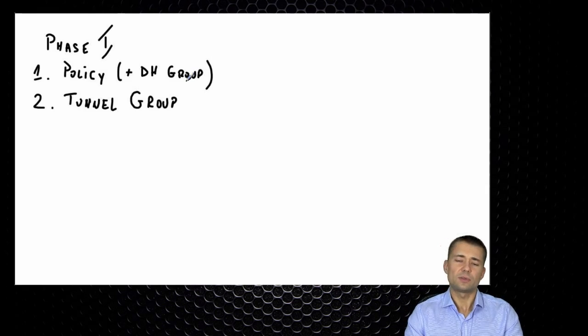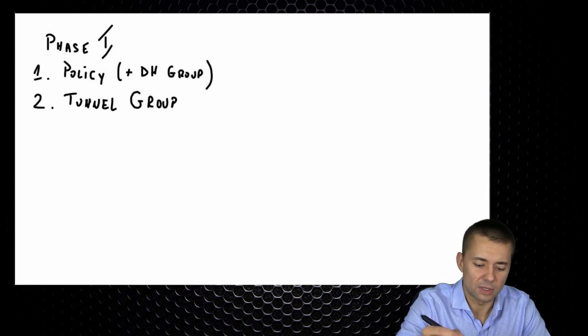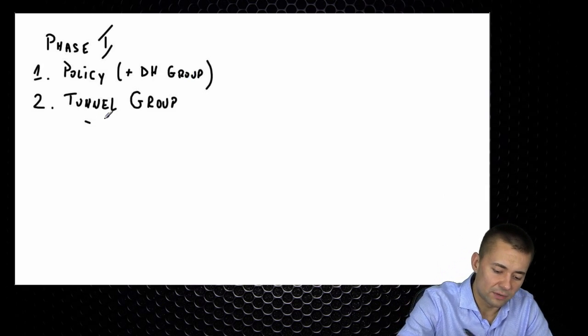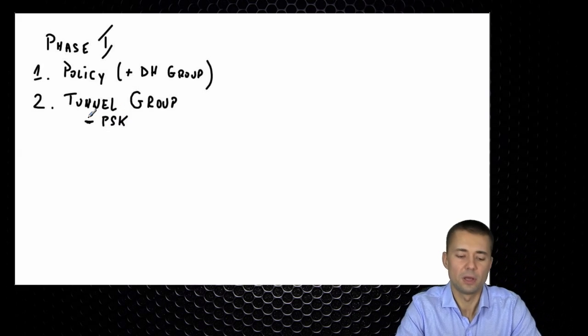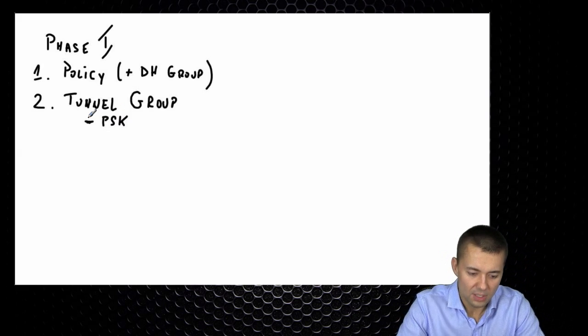So these are going to be the settings for the connection itself, where probably the most important setting is a so-called group policy, which in turn defines attributes for our users and also for the session itself. Okay, so a tunnel group is going to be needed so I can define my pre-shared key, because we will be using pre-shared keys for authentication.